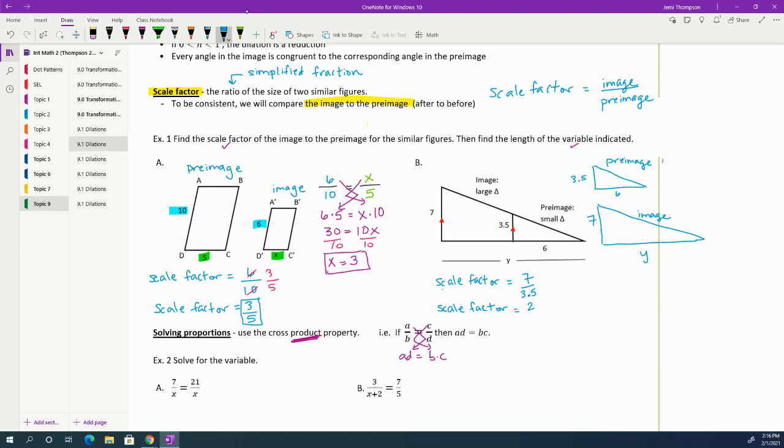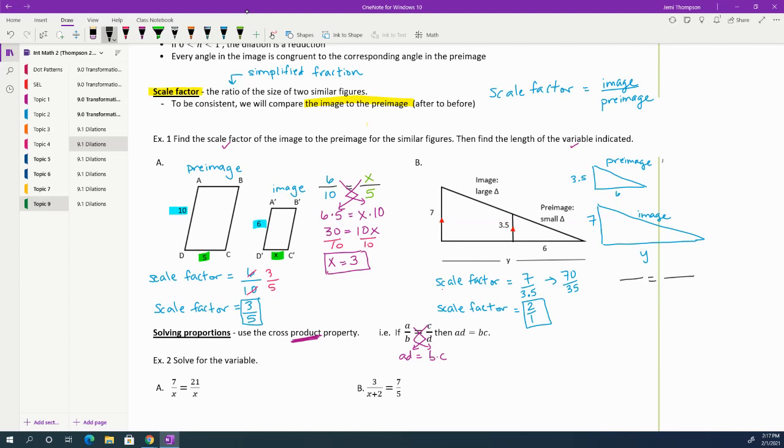So I could just say my scale factor is 2 to 1. If it's better for you to maybe multiply everything by 10 and then reduce, you could do that. That might be helpful for you. All right. Then so my scale factor is 2 to 1, and I'm going to set up a proportion to find my missing side.